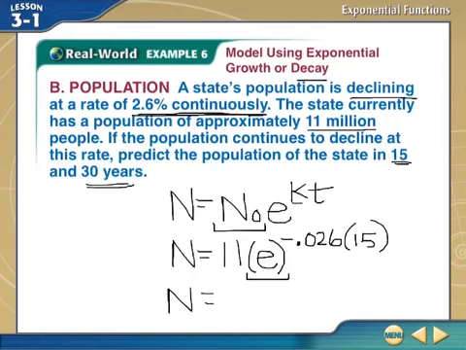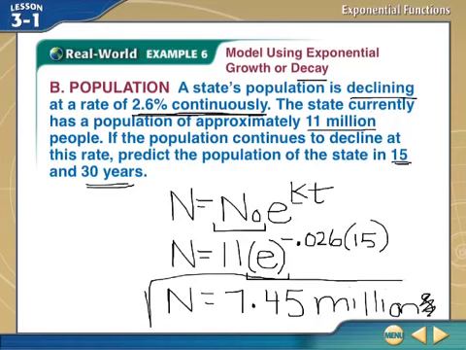And raised to the negative 0.026 times 15 is going to give me 7.45 if I round to the nearest hundredth. And that is in millions of people. So we have 7.45 million people left after 15 years.